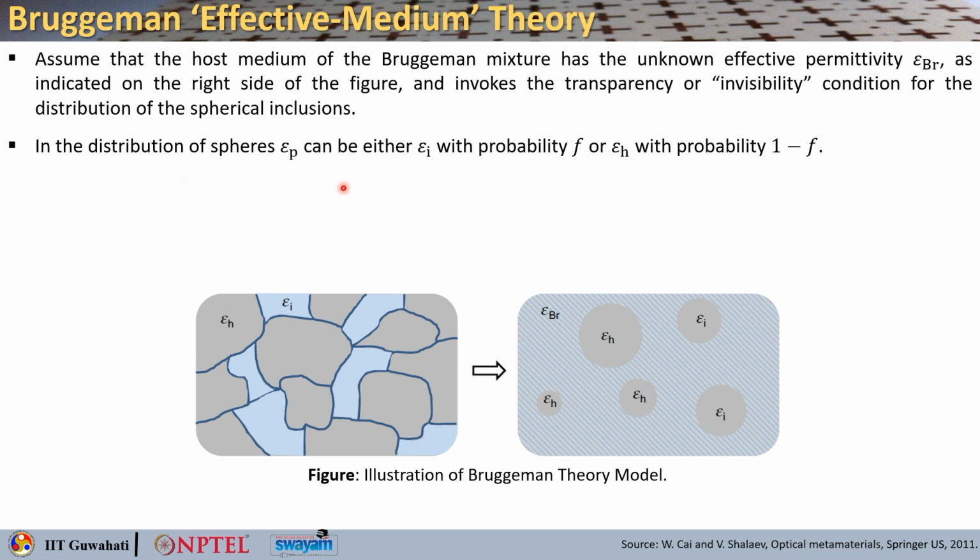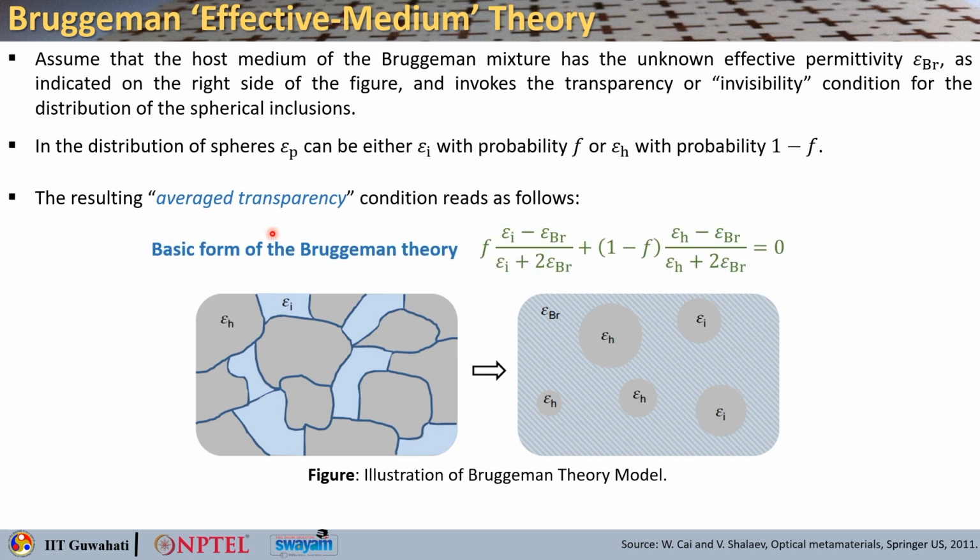So, if you consider the distribution of spheres, the permittivity can be epsilon I with probability f or epsilon h with probability 1 minus f. Okay. So, you can find an average transparency condition that will have this equation.